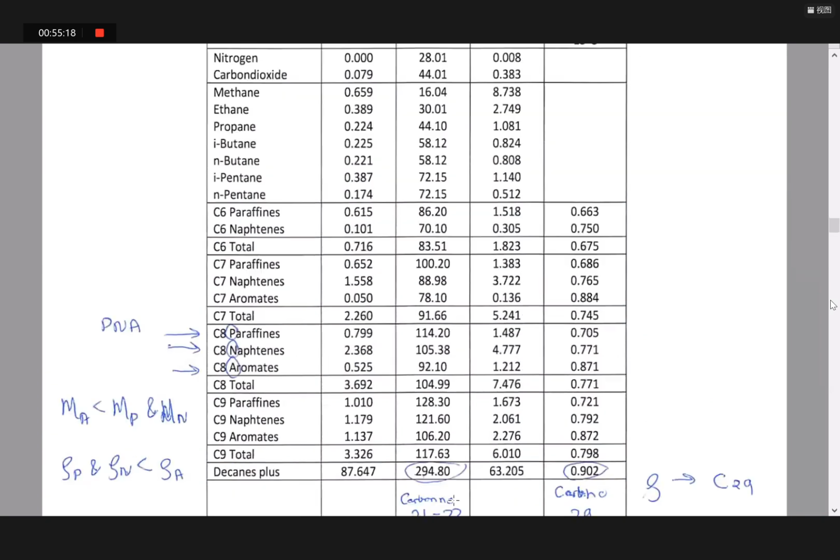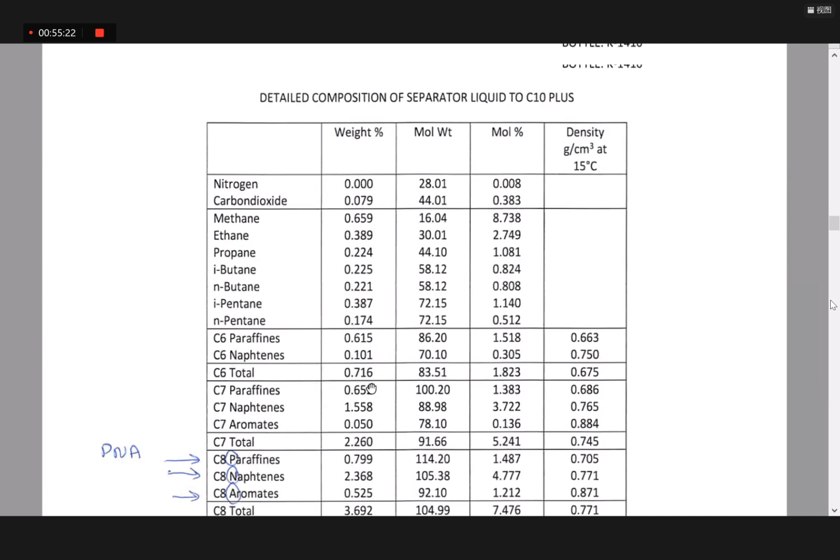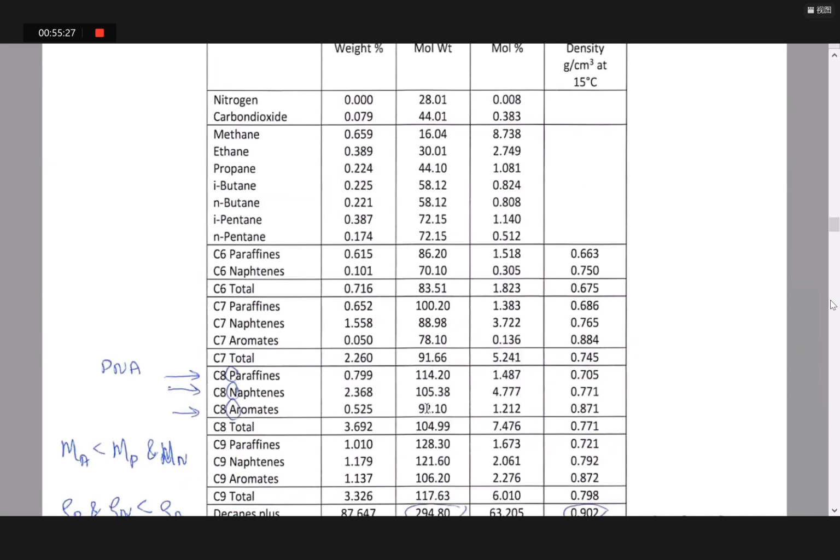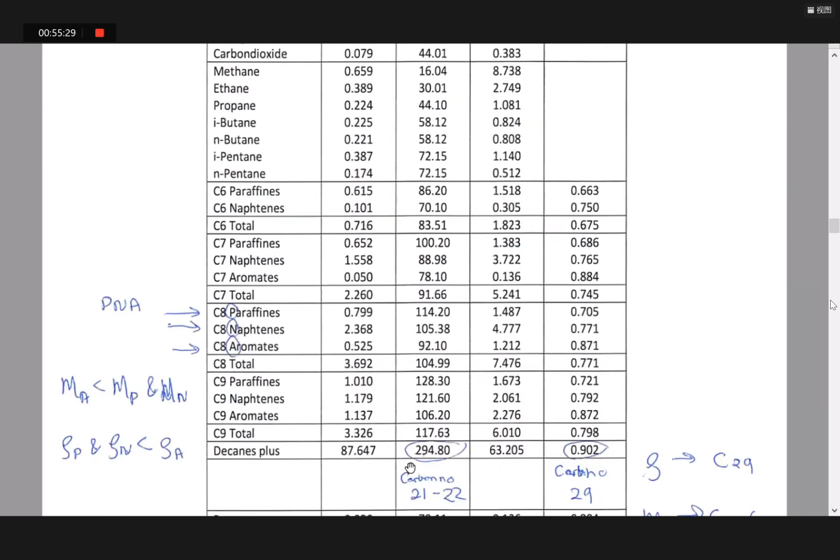Detailed composition. What we see from the detailed composition up to C10 is that I can calculate both the molecule weight and the density of the fluids.